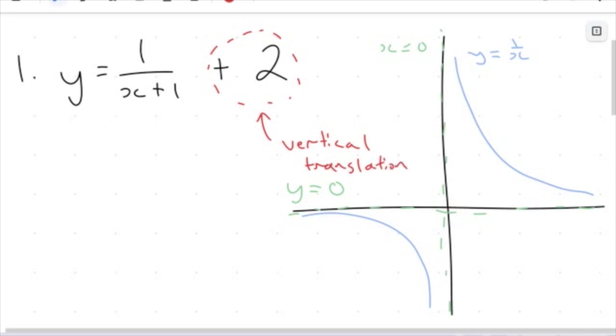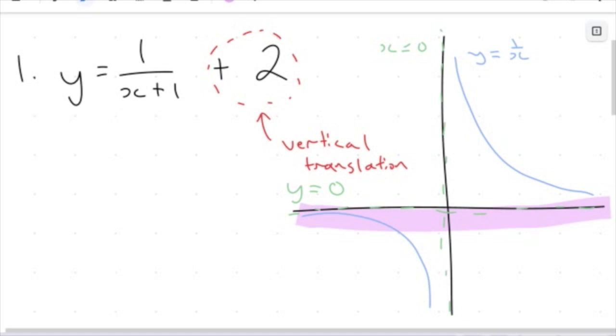So we're going to be moving this up or down in the vertical direction. So here we are adding, so that means that our entire graph is going to shift up, but also our asymptote is going to shift up as well.